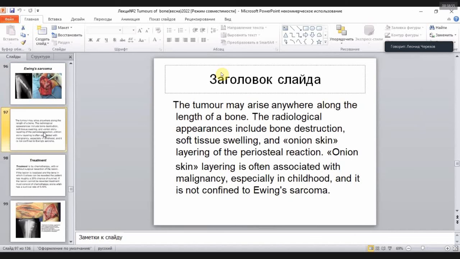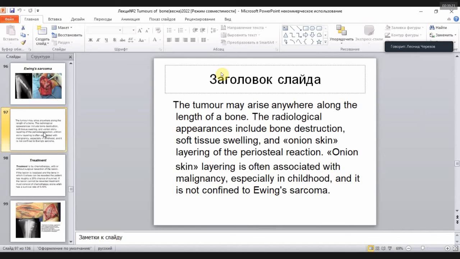The tumor may arise anywhere along the length of a bone. The radiological appearances include bone destruction, soft tissue swelling, and onion skin layering of the periosteal reaction.